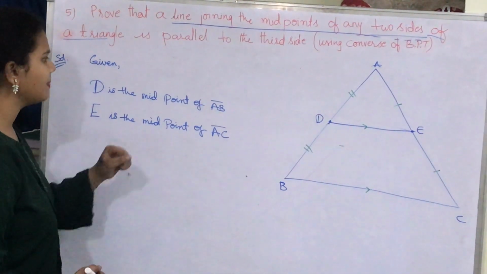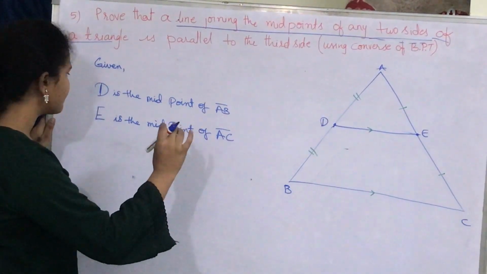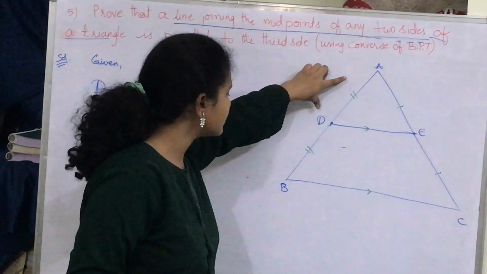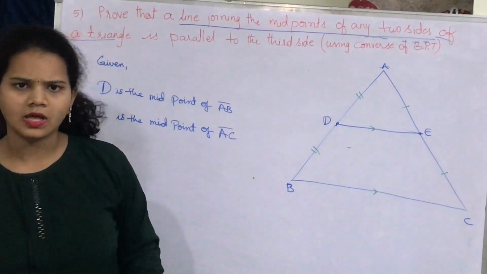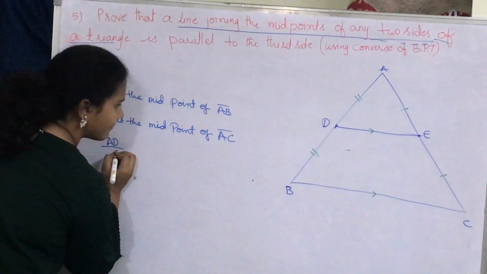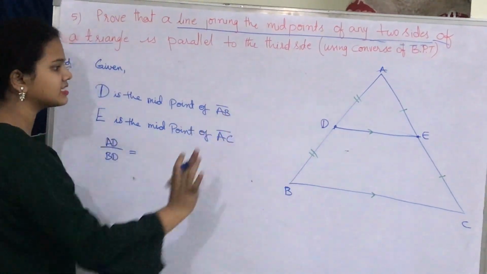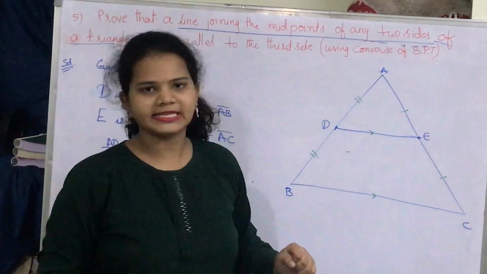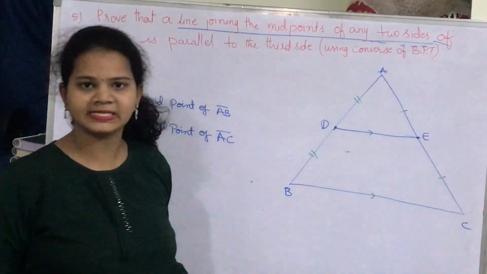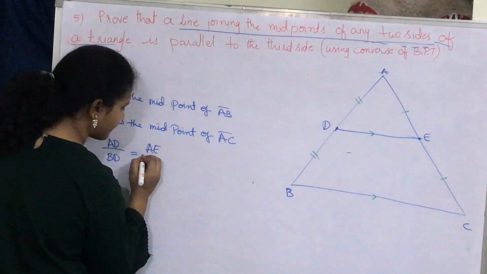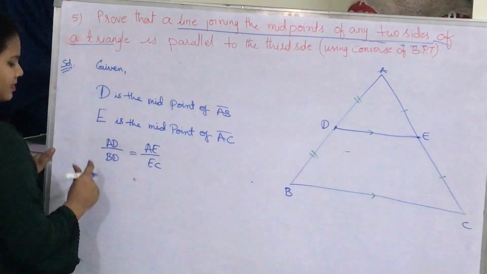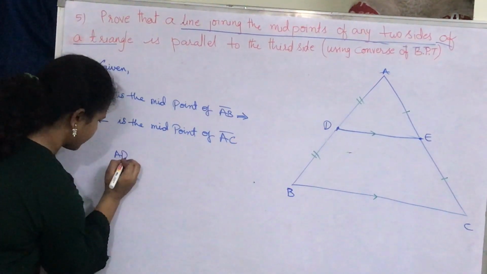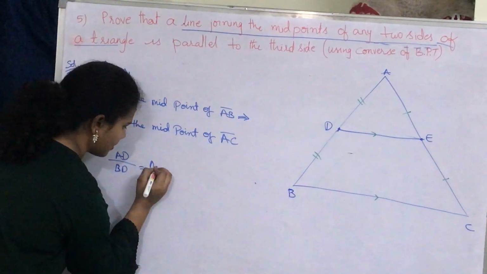To prove this, firstly using the basic proportionality theorem, I can write: since D is the midpoint of AB, AD and BD are divided in the same ratio as AE and EC, right? So AD by DB equals AE by EC.